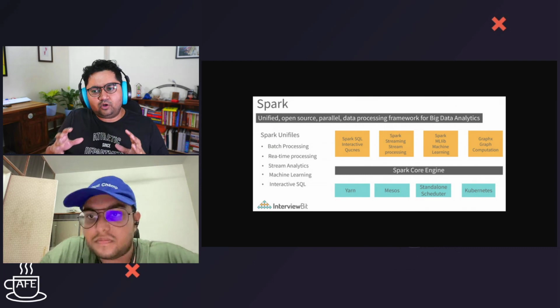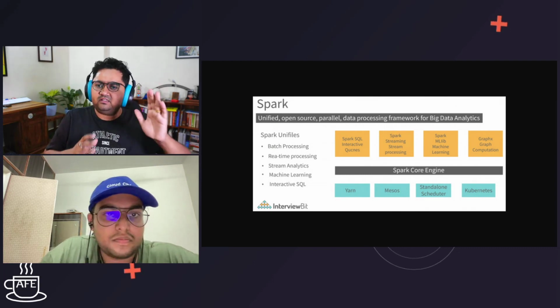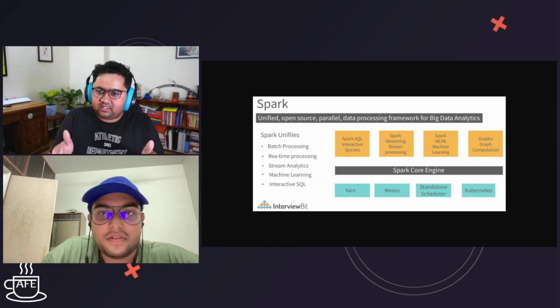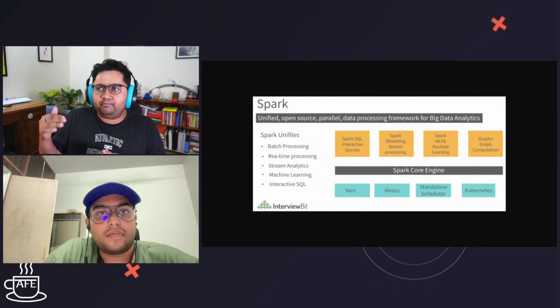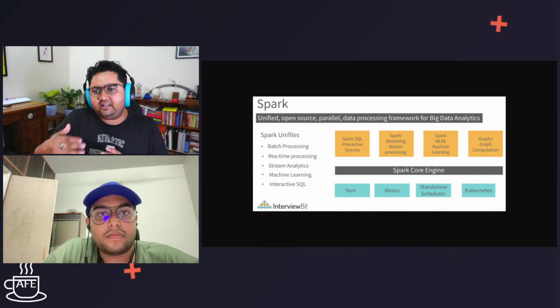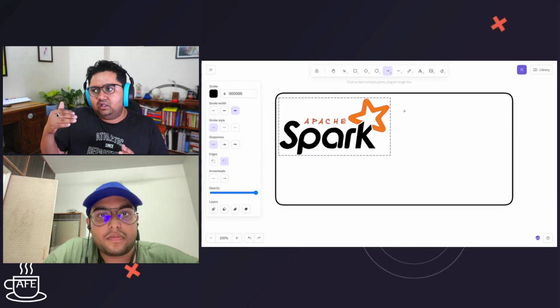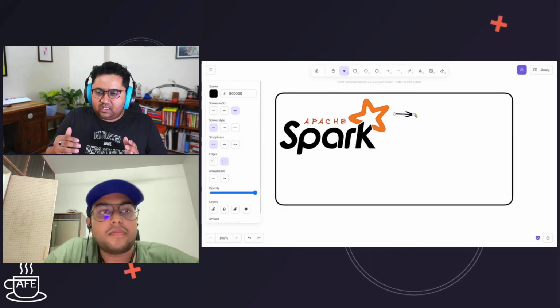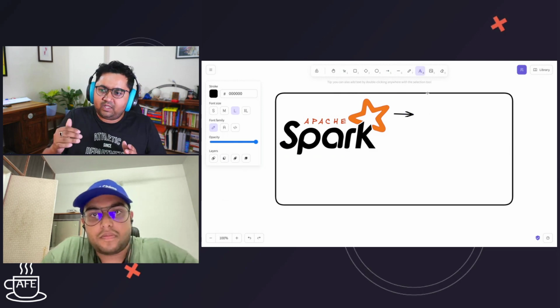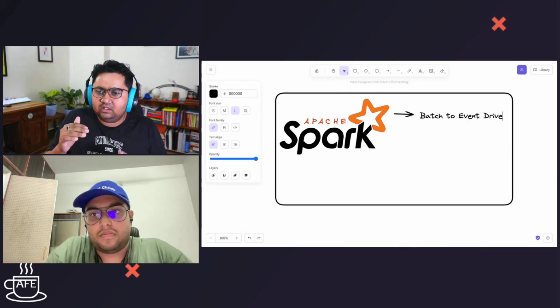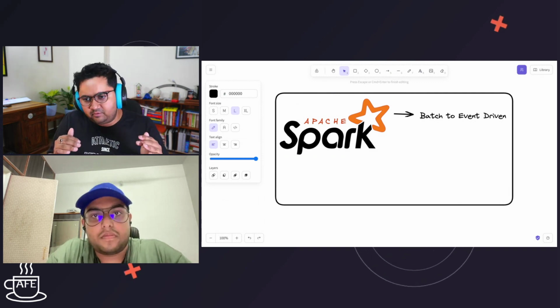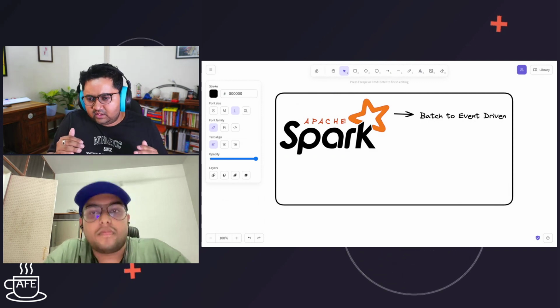So there's a concept called Lambda architecture where you have batch and streaming in your system at the same time, right? Spark, I wouldn't say pioneered, but Spark laid out in a very nice way that whole architecture. And while people naturally think of Spark to be the framework for event processing, I think it's amazing for batch processing as well. That's where it really shines.